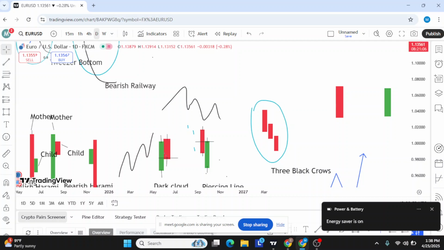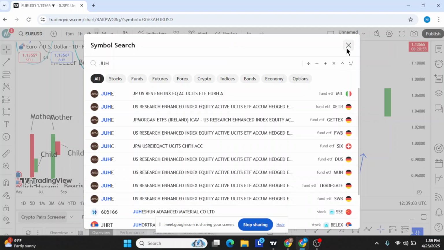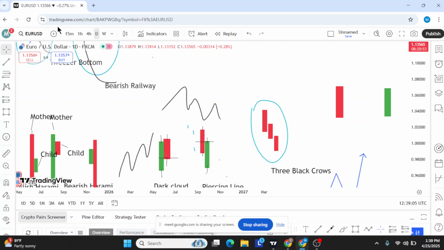So it is very, very important to always wait for your closure. If you are using a two candlestick pattern, you want to wait for the second. If you are using a three candlestick pattern, you want to wait for the third.